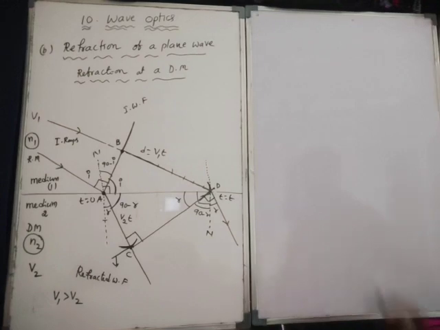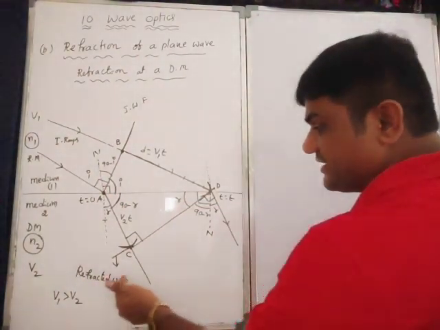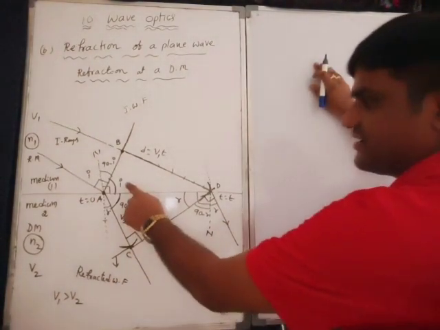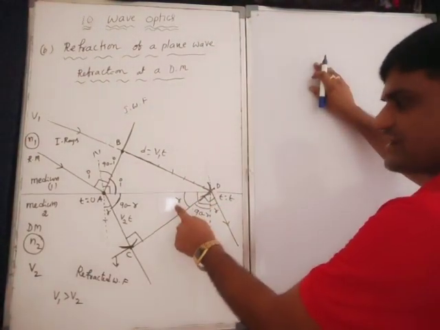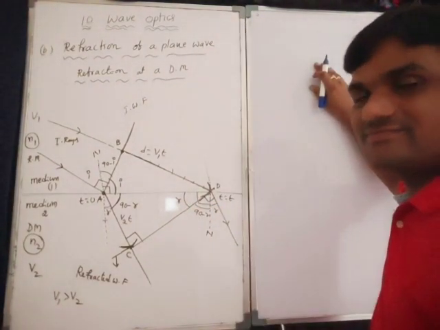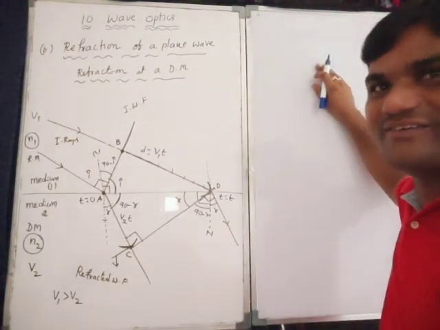This is the incident wavefront, and this is the refracted wavefront. I is the angle of the incident wavefront, and R is the angle of the refracted wavefront, not a reflected wavefront.